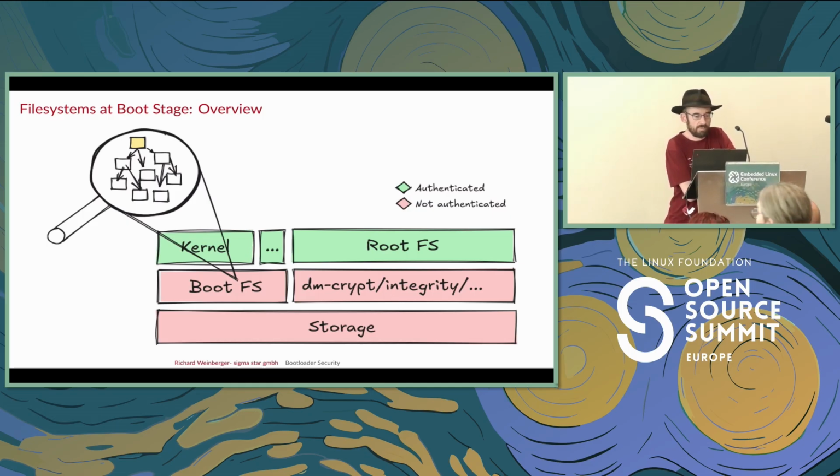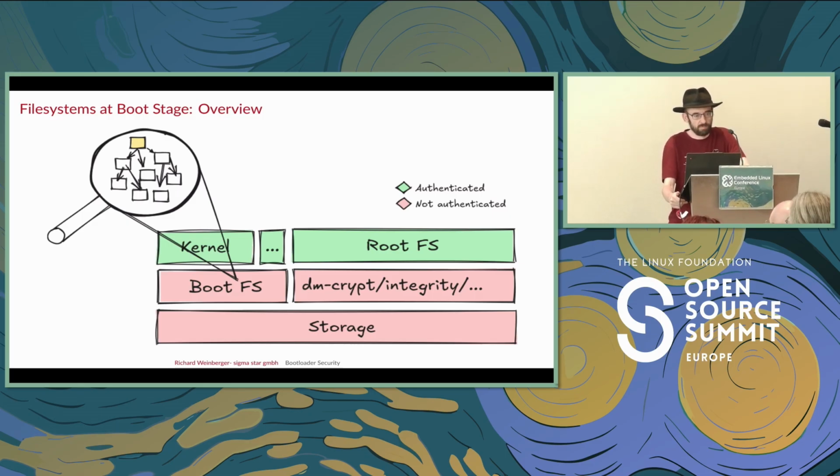Then the attacker cannot change the data without Linux noticing it. In bootloaders, this is not possible. There's no support for dm-verity or dm-integrity. That means that when a bootloader is reading a file system, the file system data structures are actually untrusted input. And this makes the whole thing so dangerous.